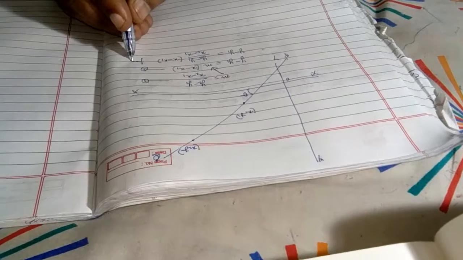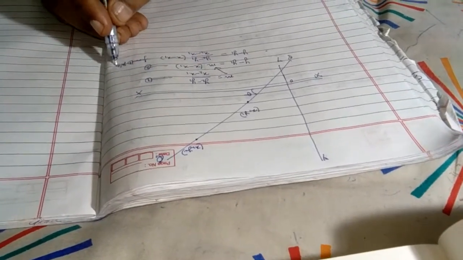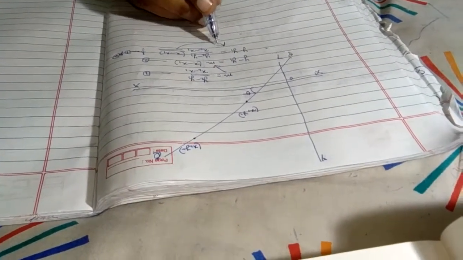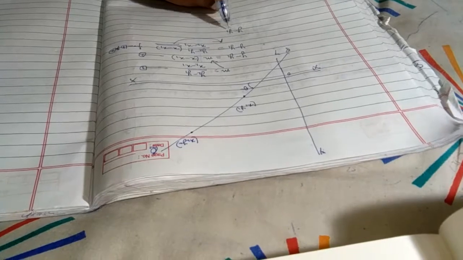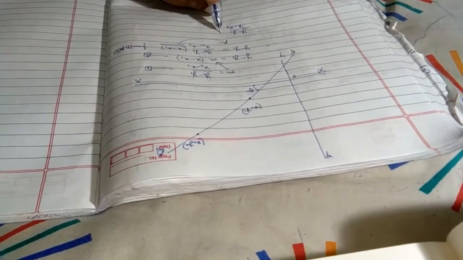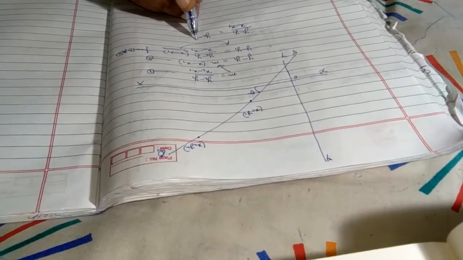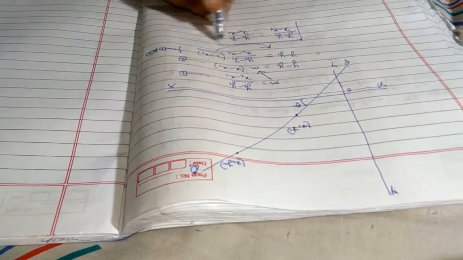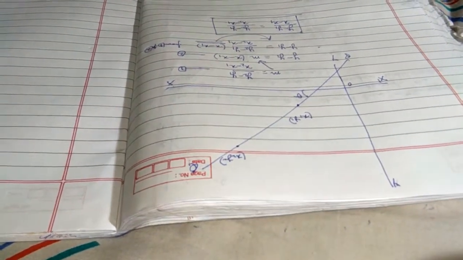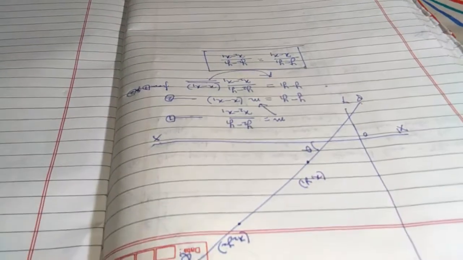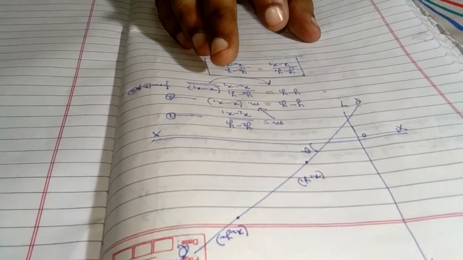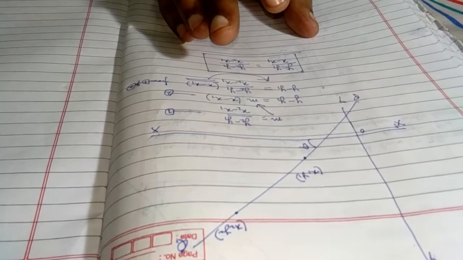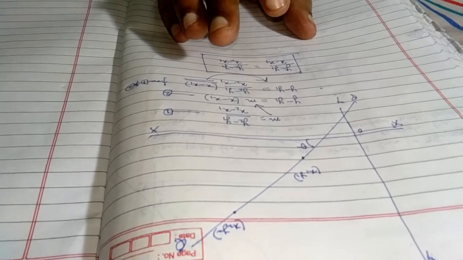Now we are bringing this factor to the left hand side. So y minus y1 divided by x minus x1 is equal to y2 minus y1 divided by x2 minus x1. This is the proof of two-point form of equation of a straight line. With the help of this formula we can find out the equation of a straight line in which it is given that the two points through which the straight line passes.